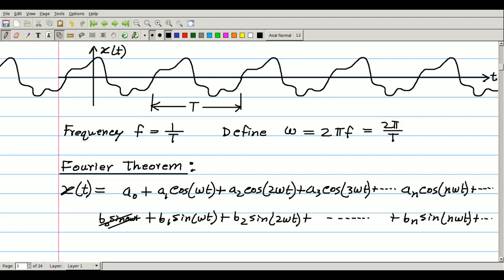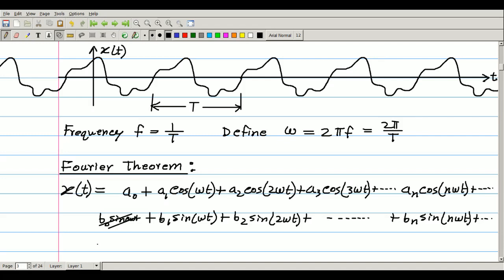So it is always possible to write such an arbitrary periodic signal x(t) as a sum of cosine and sine signals with different angular frequencies omega, 2 omega, 3 omega and so on, and with different amplitudes or amounts a1, a2, b1, b2, etc. In other words, by controlling these amplitudes or amounts of these cosine and sine signals, you can create any arbitrary periodic waveform you like.